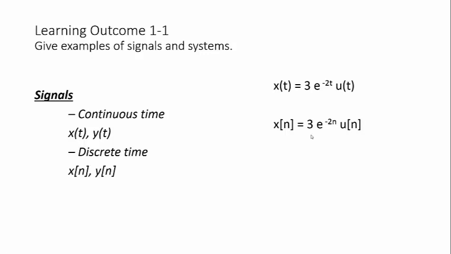Therefore, we're going to do a lot of work going back and forth between the two domains, using t where you're more familiar, and then n as its complement. We live in continuous time, but because of computers, we have an awful lot of work that was discrete time that you as an engineer need to know how to use. The concepts are the same, and we'll work with both throughout this course.